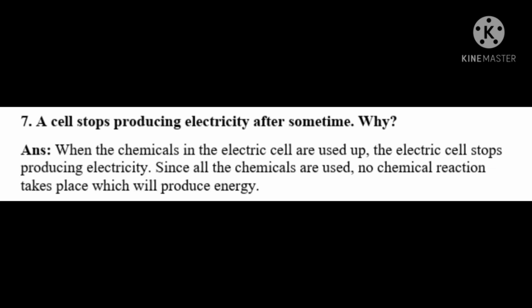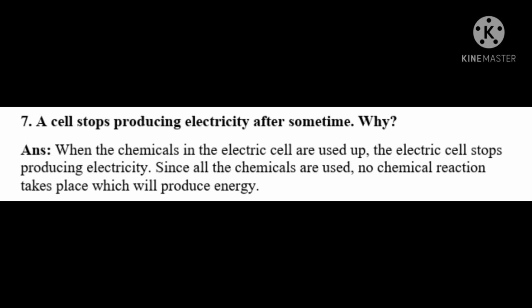Next one, seventh question. A cell stops producing electricity after some time. Why? When the chemicals inside the electric cells are used up after a few days or a few months, the electric cell stops producing electricity.